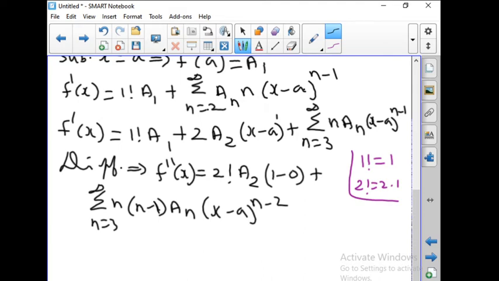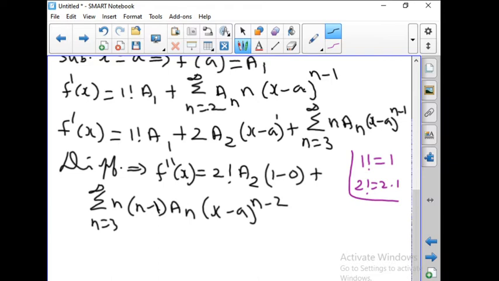What is differentiation of x power n? n x power n minus 1. இப்போ differentiation of x minus a the whole power n minus 1 is n minus 1 into x minus a the whole power n minus 2.